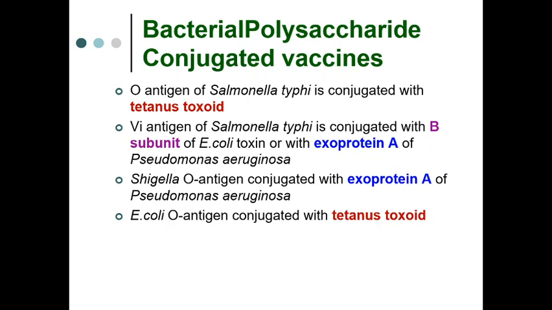So the advantage of conjugating with a strong antigen, which can also be considered a hapten carrier, is that the strong antigen triggers the immune response very well. And in the process, it also triggers the immune response against the weak antigens, which otherwise would not have been able to induce the immune response on their own.